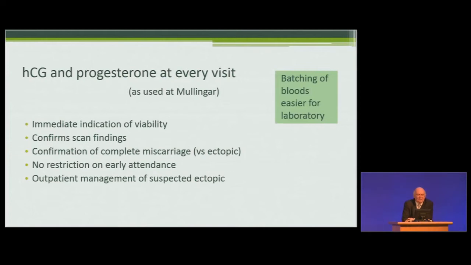Now, I wanted to give you ectopic pregnancy. For those of you who can't make it to the December meeting, I want to give you a few little pointers from the talk.